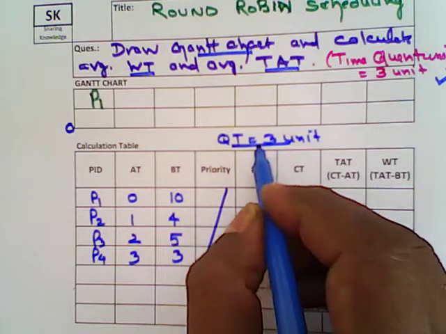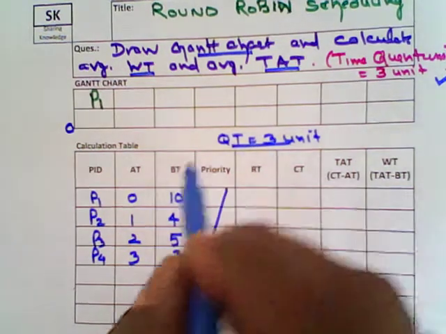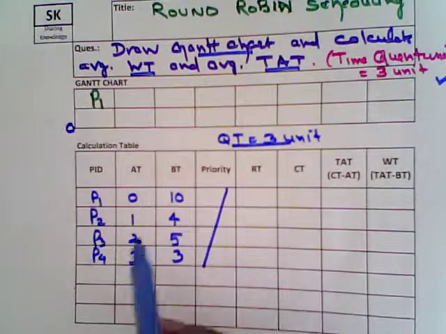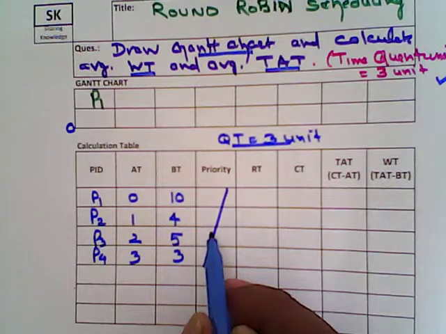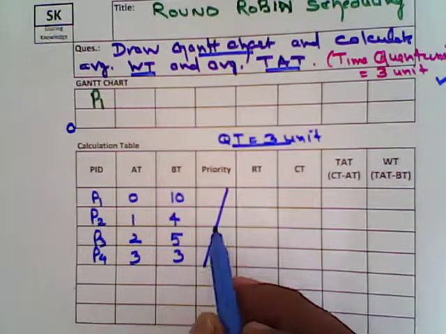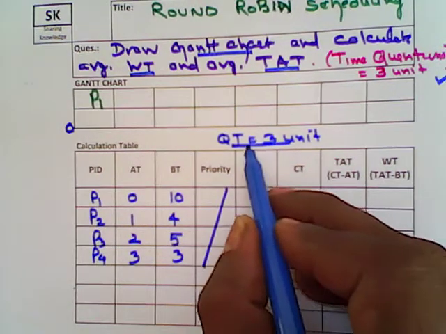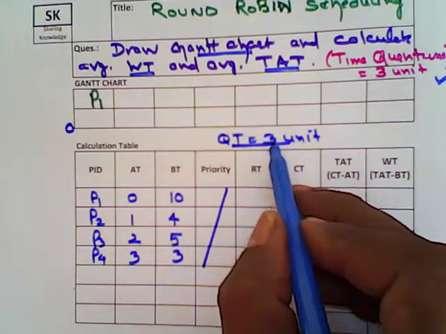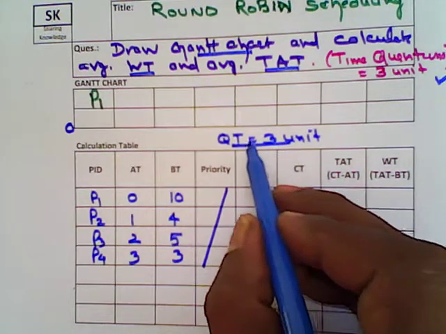Now, as you might have seen in my earlier video slides, we used to consider variable times, either 1 or 2. But here we cannot use a variable time, because QT is fixed.